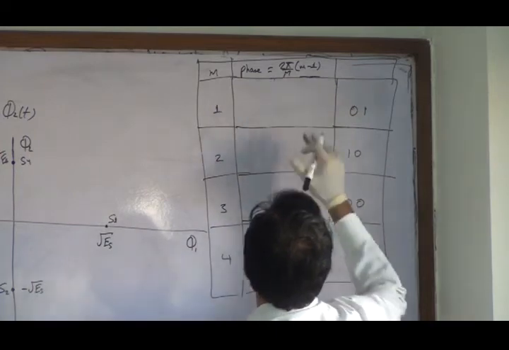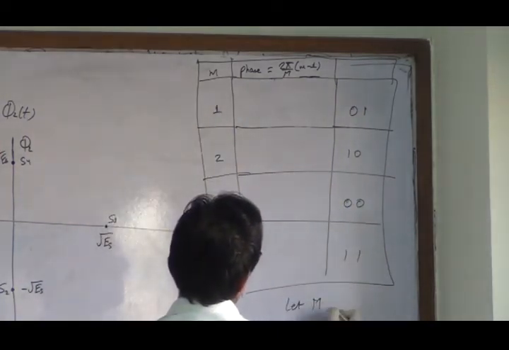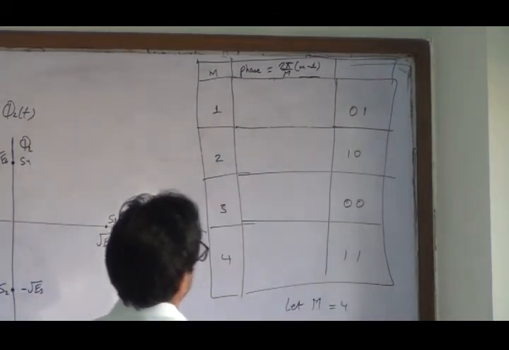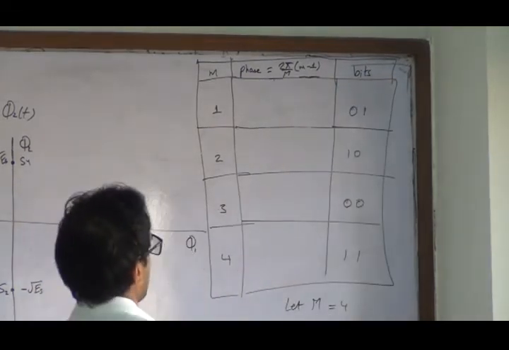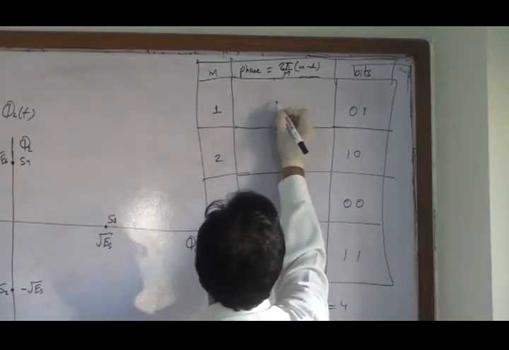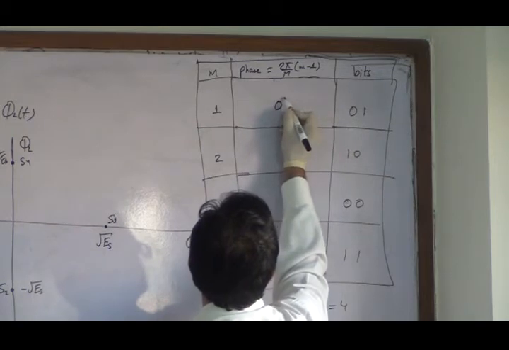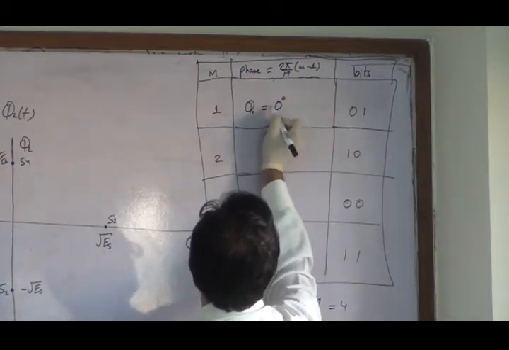And if you compute it for capital M equal to 4, you end up getting these 4 terms. When you substitute 1 there, you get 0 degree phase, which is phi 1.